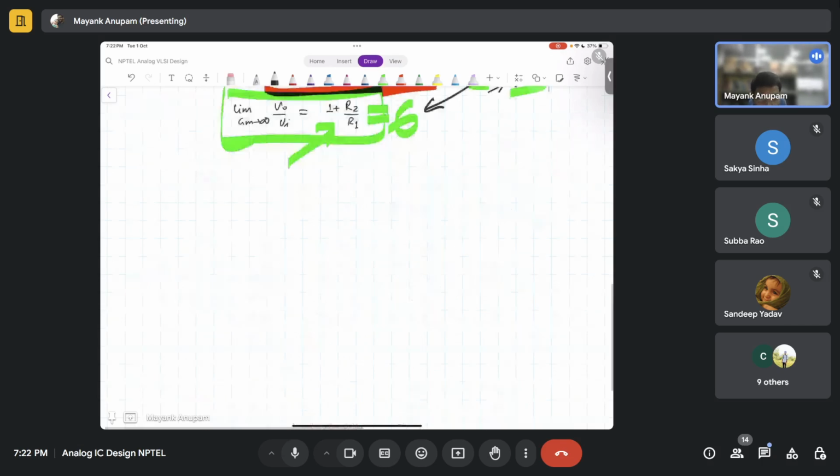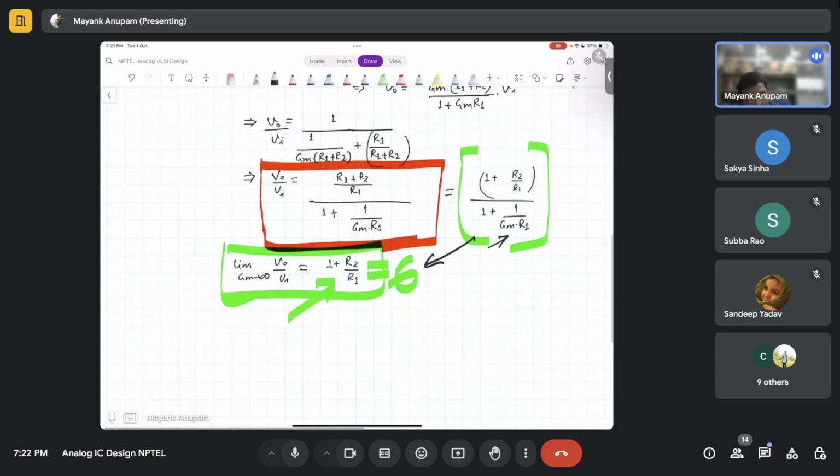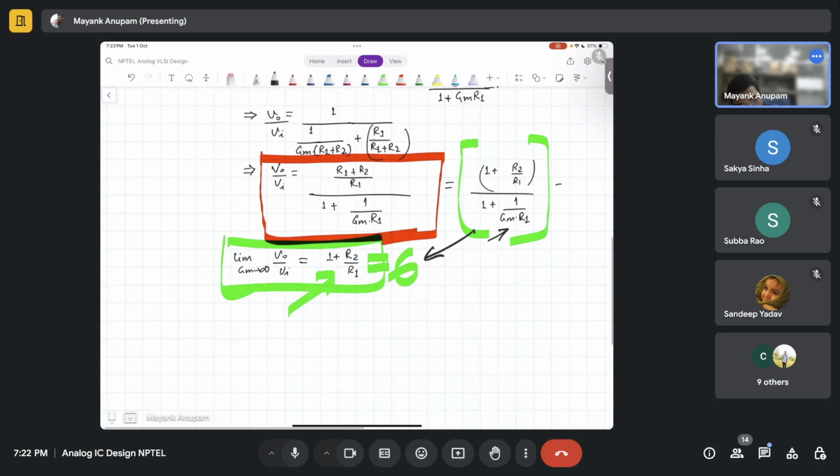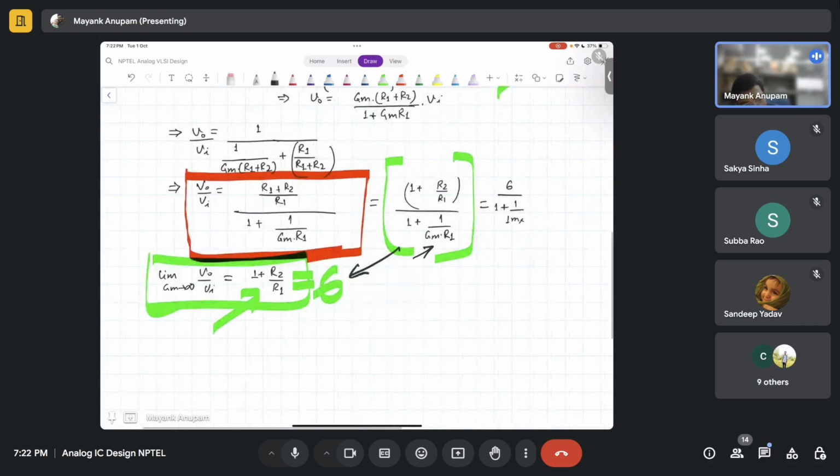So let's solve this. It will make more sense. First tell me what will be V0 over Vi when GM is equal to 1 millisiemens. So 1 plus R2 by R1 is 6, right? And this is how much? 1 plus GM is 1 millisiemens, so 1 over 1 milli times, what is R1?